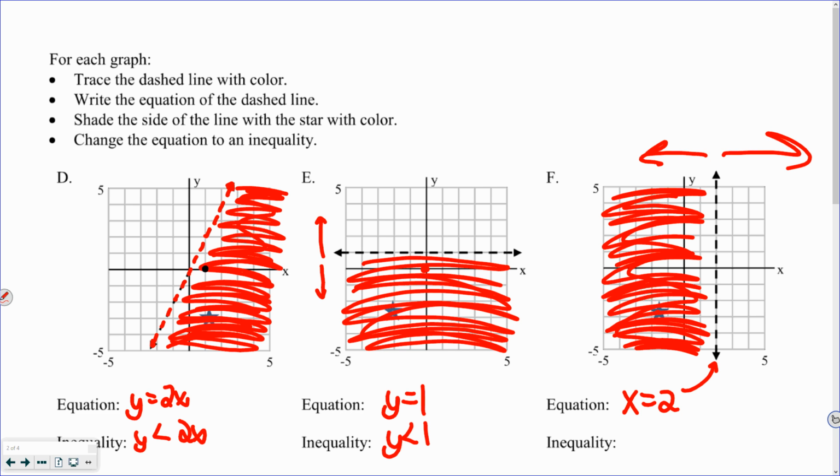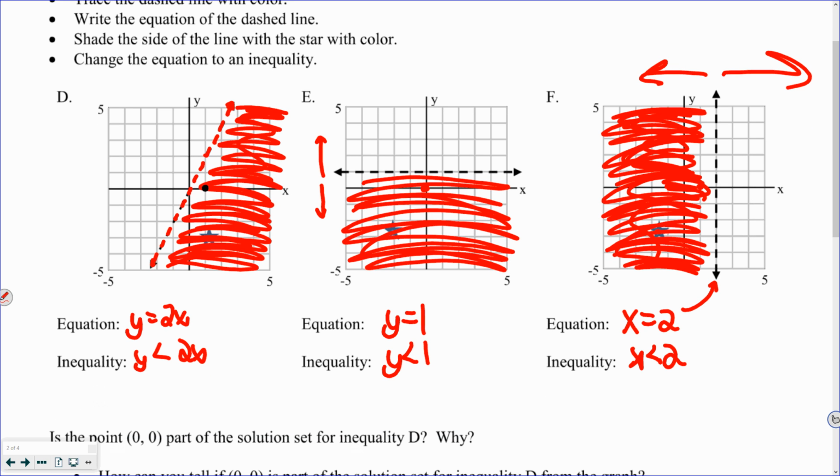When it goes that way, the x coordinates get bigger. So this will be x is less than 2. And again, plug in an x point that's to the left of the dotted line. Plug in 1 or negative 1. Those are values less than 2, so you know you have the right inequality because it's on the shaded side. Okay? And that's how you can check.